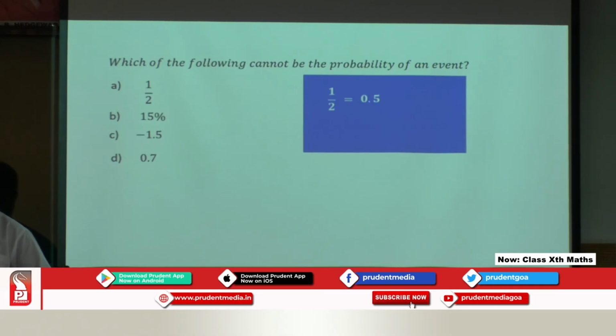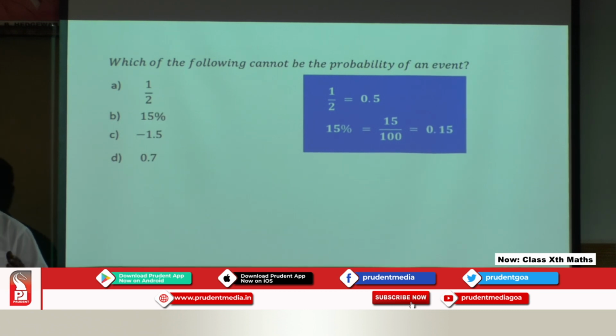Half is 0.5. That's between 0 and 1. So it's a valid probability. 15% can be written as 15 upon 100. That's 0.15.